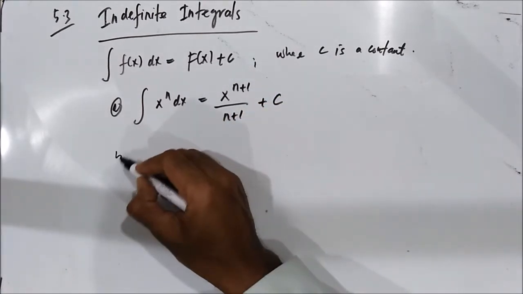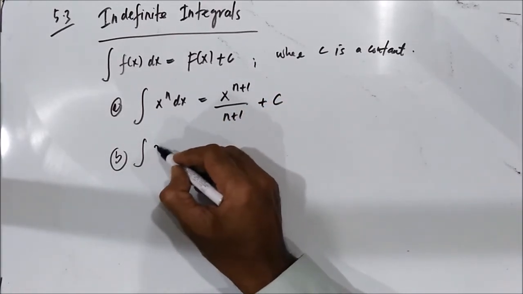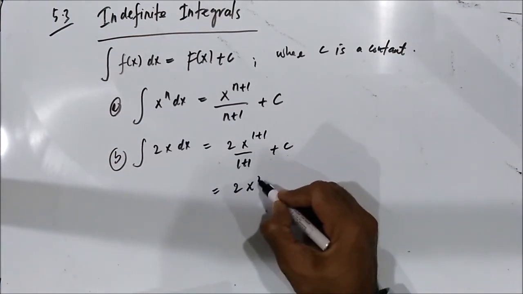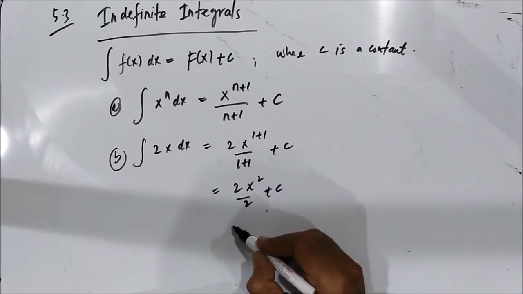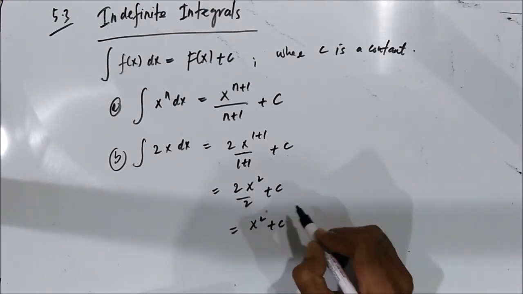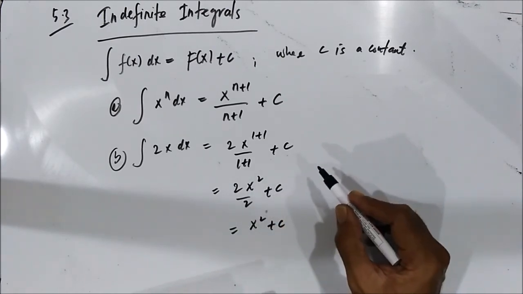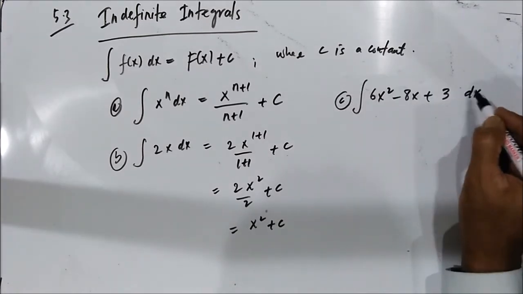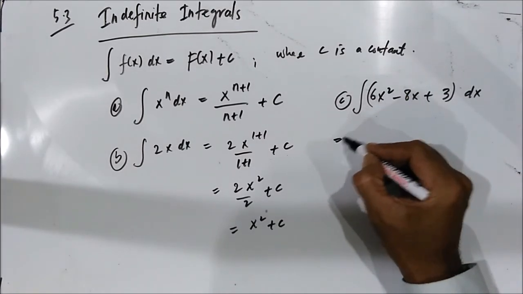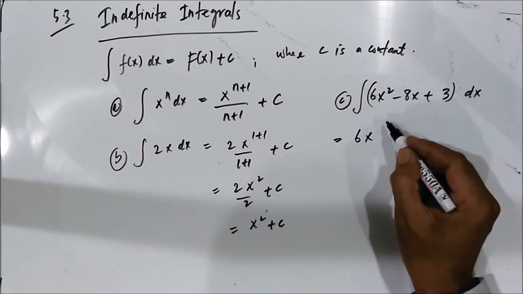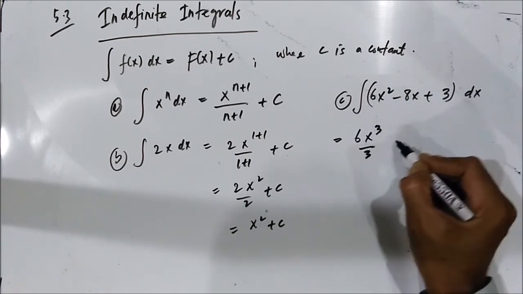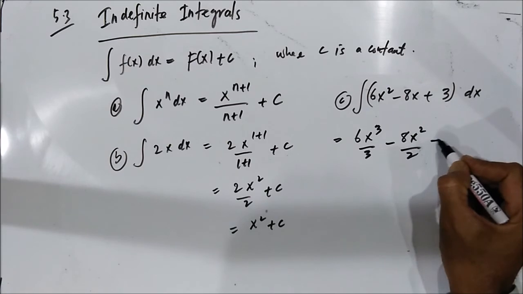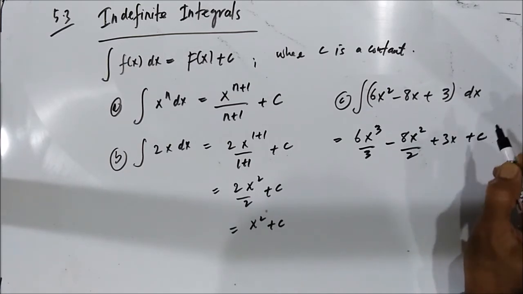Then if I want to integrate 2x dx, this is equal to 2x raised 2 over 2 plus c, which is equal to x raised 2 plus c. Now to integrate this one, by definition, 6x raised 2 plus 1 is 3 over 3, minus 8x raised 1 plus 1 is 2 over 2, plus 3x plus c.